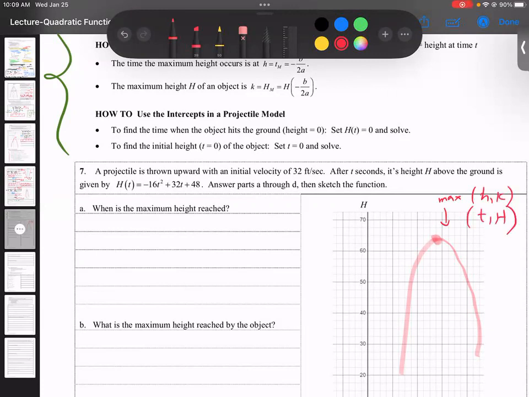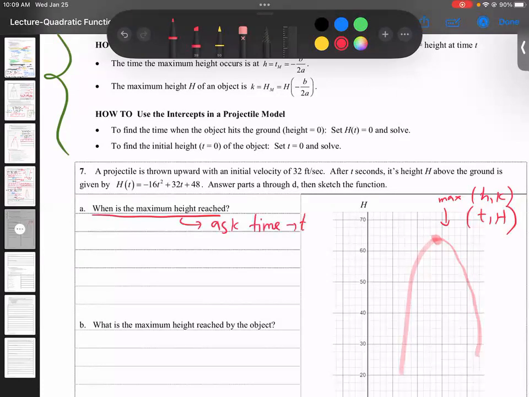What is the maximum height reached? In order to find the maximum height, I need to find t, right? When, I say when. So they're asking for t. When is the maximum height reached? That means they ask for time.